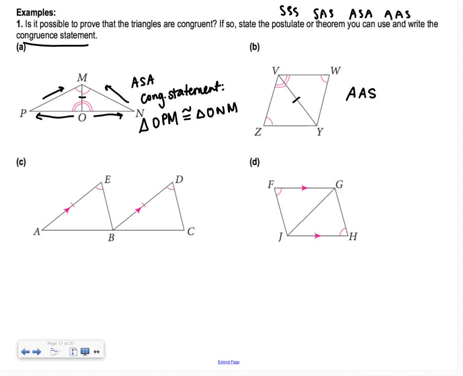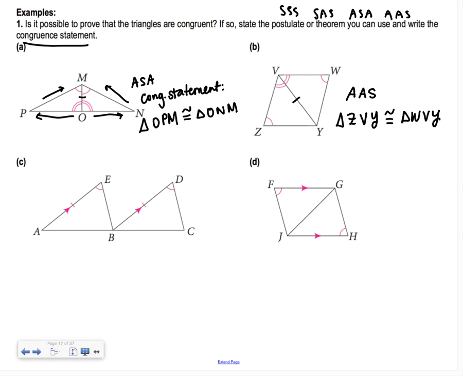So I would write it the correct way. These are congruent by angle, angle, side: triangle ZVY is congruent to triangle WVY. I went 1 mark, 2 marks, and then the side mark.